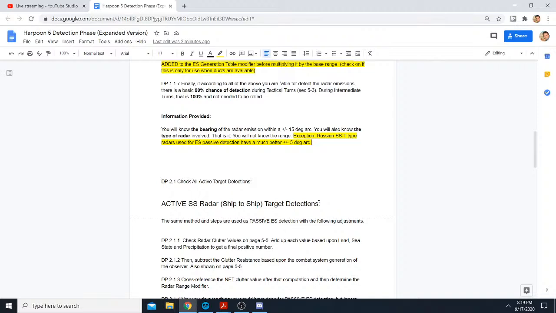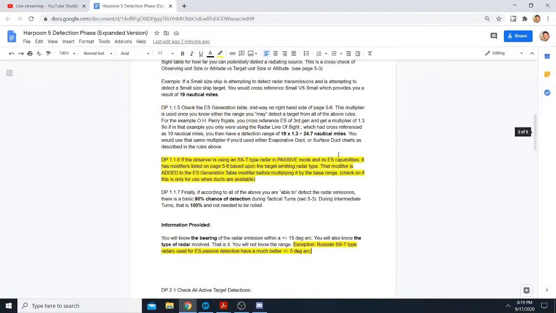And it's slightly oddly worded in that it says anywhere between, so it's almost like it should be a random arc as well to some degree. But there's no rule for it. So the way I do it is I personally just simplify it, and I give them a center arc with a 15-degree arc. I might shift it about 5 degrees each way, but a little bit of GM leverage on that one.